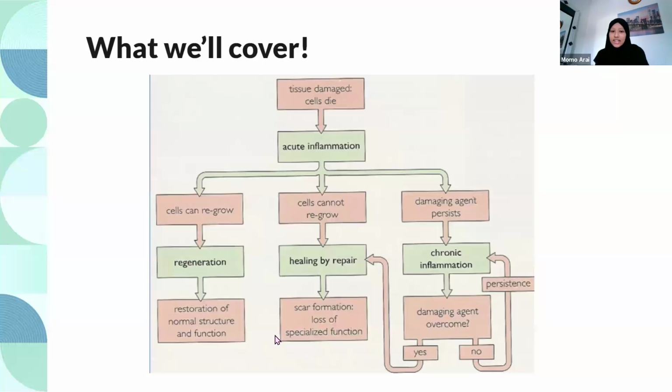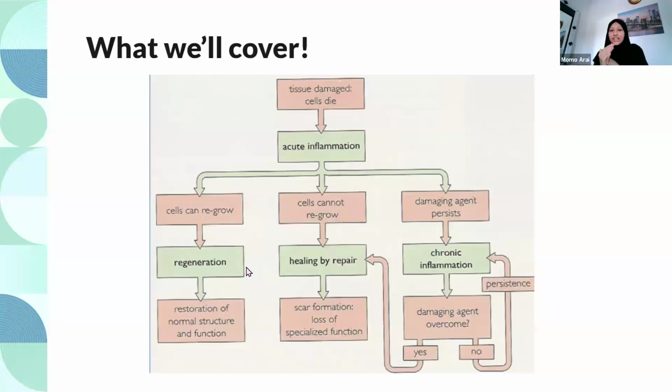The second outcome: we'll cover this part later, but basically if the injury is too much or if the cells themselves are not capable of going back to the normal state, it will repair. I know the whole lecture is called tissue repair, but that's a general term. There's a difference in terminology: whenever they say repair versus regeneration, they are different terms.